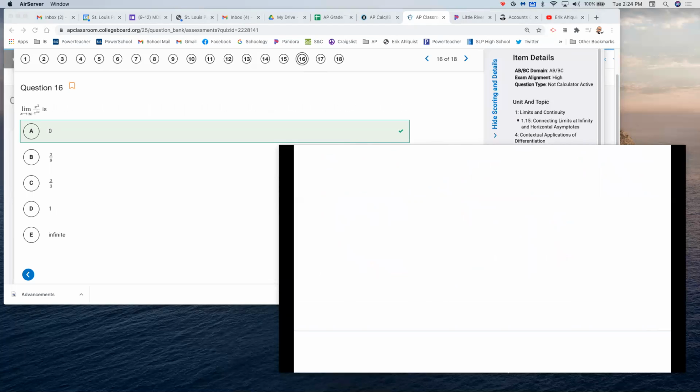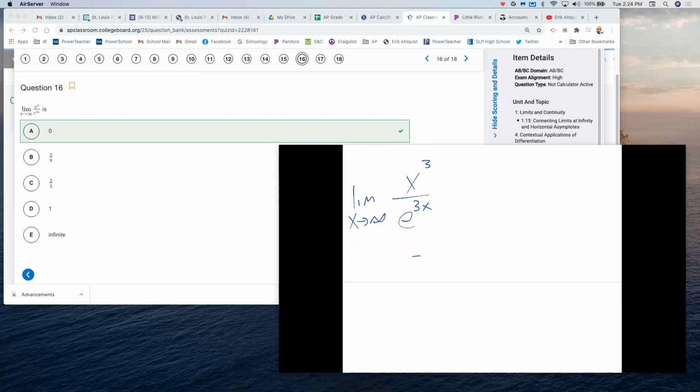So I'm not going to write the limit because I don't have enough time right now. But I'll actually write it the first time. That's infinity over infinity, right? So you take the derivative of that and you get 3x squared over e to the 3x times 3.